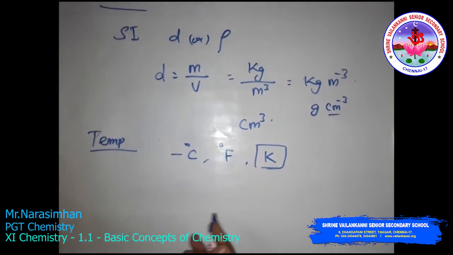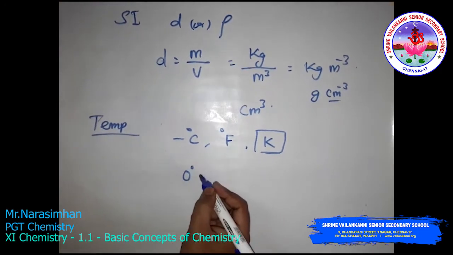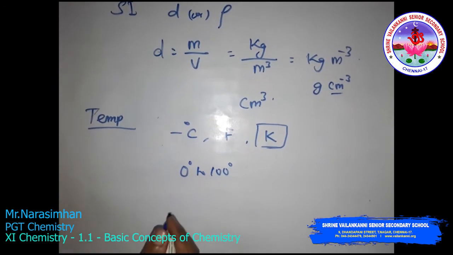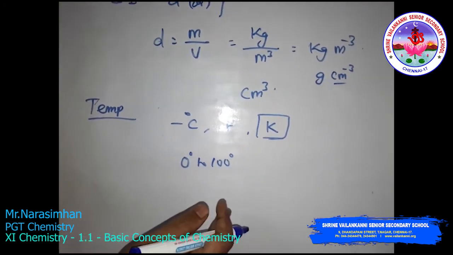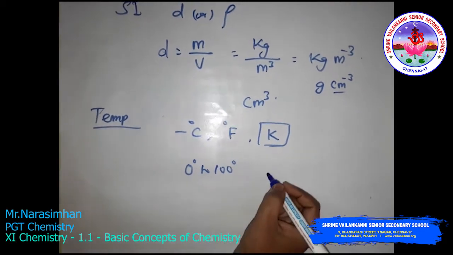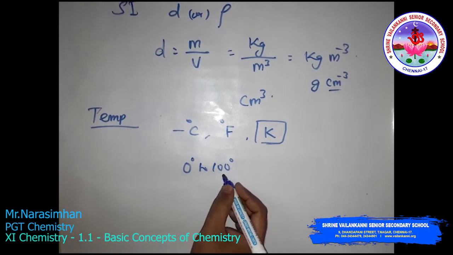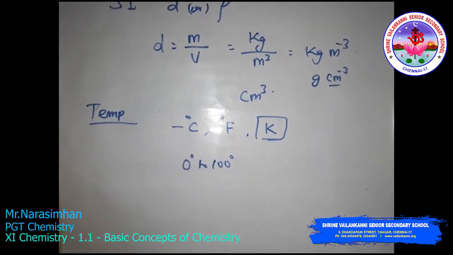The Celsius thermometer scale is calibrated from 0 degree to 100 degree. These are two temperatures: the freezing point and the boiling point of water. The freezing point of water is 0 degree Celsius and the boiling point is 100 degree Celsius.